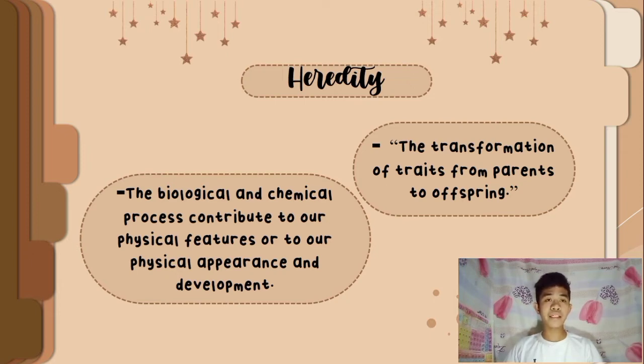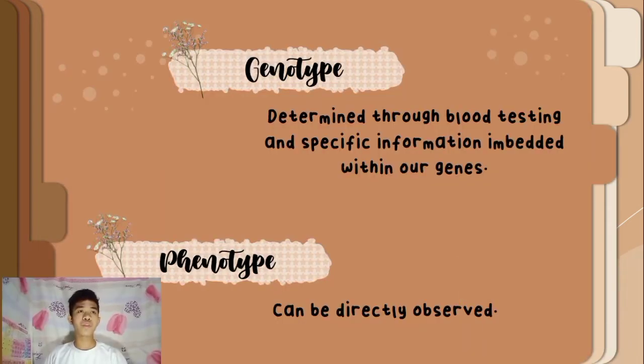You can possess those features, but they are observable only under the microscope, or can be determined through a blood test, and that is what we call the genotype. As I said earlier, the genotype is determined through blood testing and specific information embedded within our genes. This type of gene does not appear in our physical appearance, but it is embedded within our genes, or within our DNA.